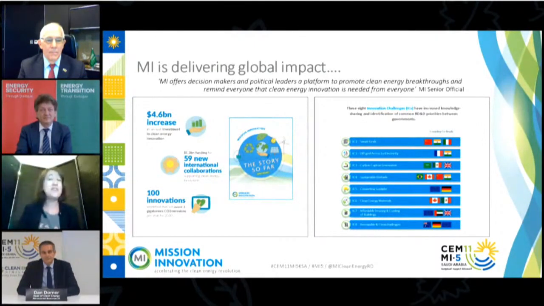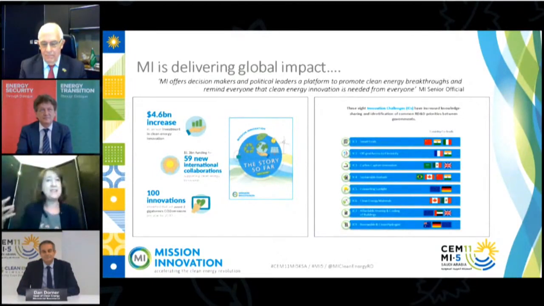And Mission Innovation has also boosted collaboration, in particular the 8 innovation challenges in areas such as hydrogen, smart grids and carbon capture and storage have brought together clusters of governments to enhance collaboration in priority areas, all of these relevant to the circular carbon economy. And through regular conversations between ministers, officials and technical leads around these areas of common interest, we've shared knowledge and strengthened networks.